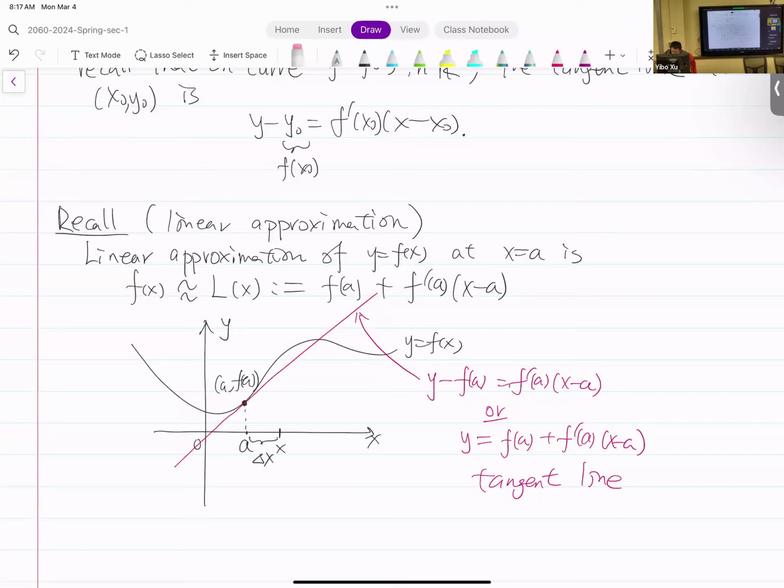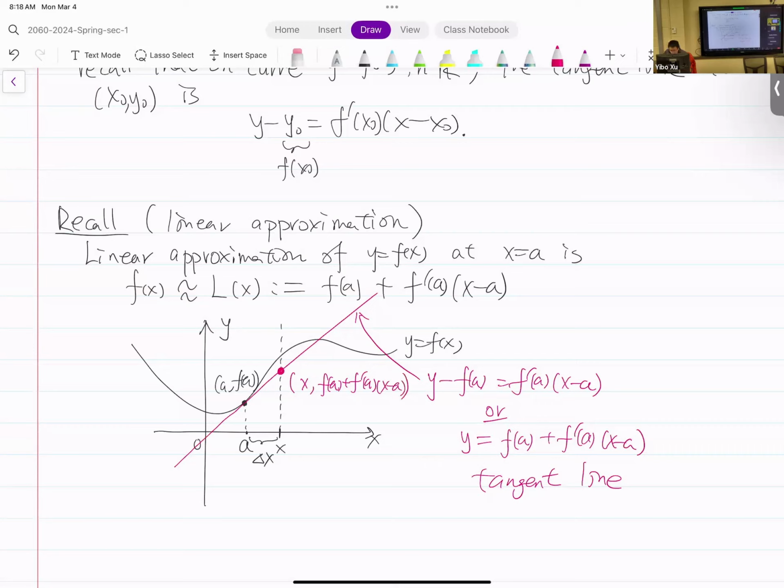Then essentially, the linear approximation is, so we just draw the vertical line above. Here, the red point is the approximated value, right? Which is x, f of a plus f prime of a times x minus a.